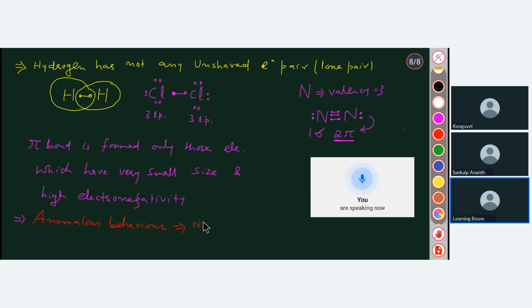So you will write that no proper position in periodic table. Got it? Yes, sir. So that is why sometimes hydrogen is known as a rogue element. I will write it here.